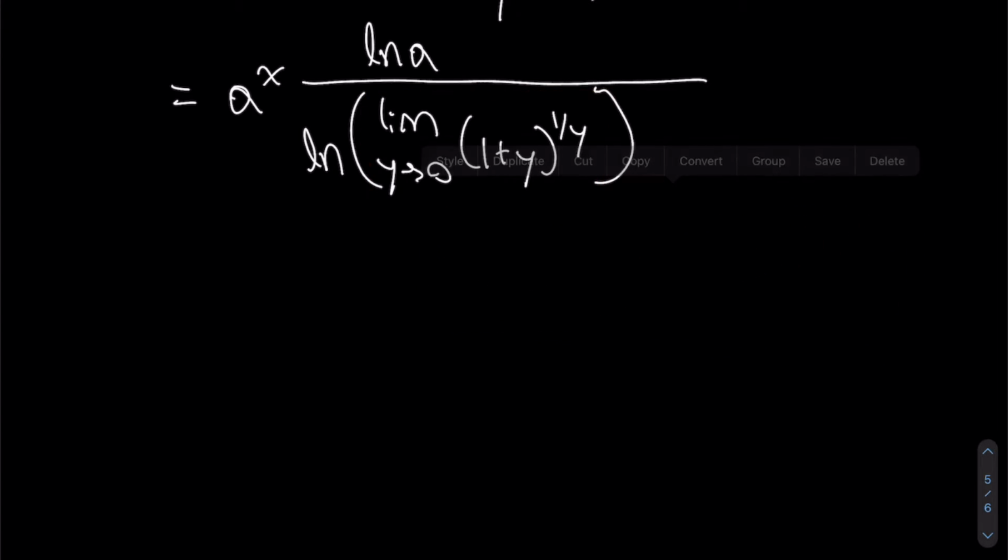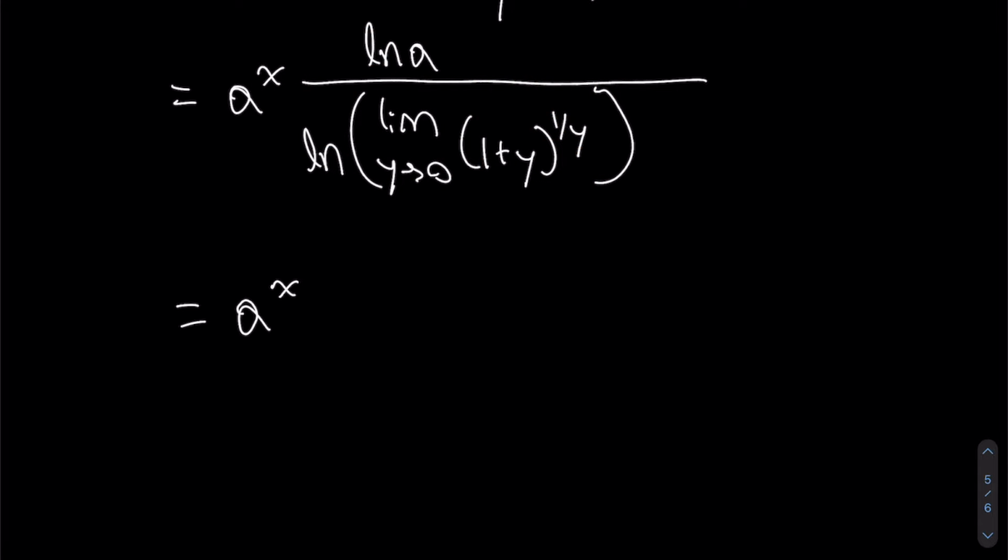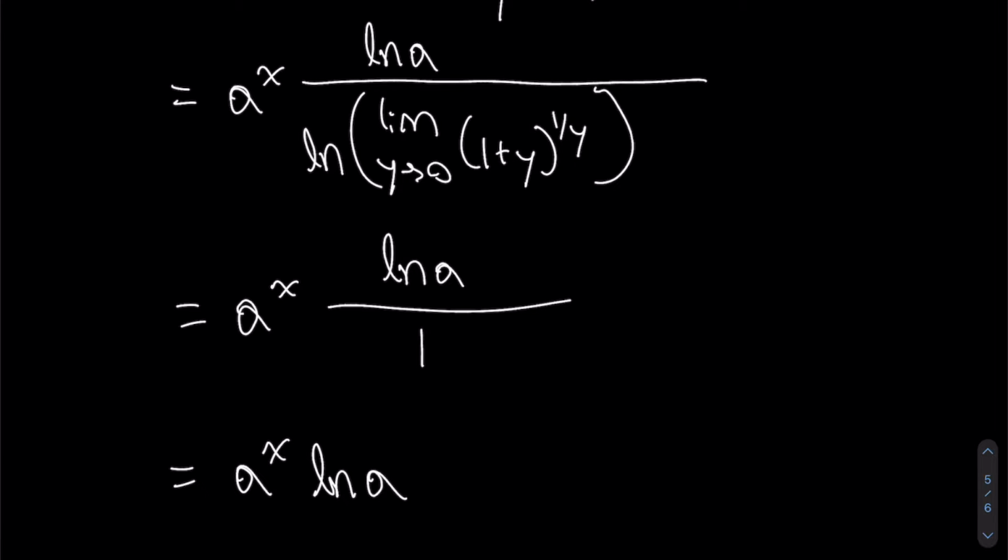So I can just replace this with e. We have a to the x, ln a on top, and on the bottom we have ln of e. And the natural logarithm of e is just 1. So this becomes 1. And finally we just have a to the x times the natural logarithm of a.